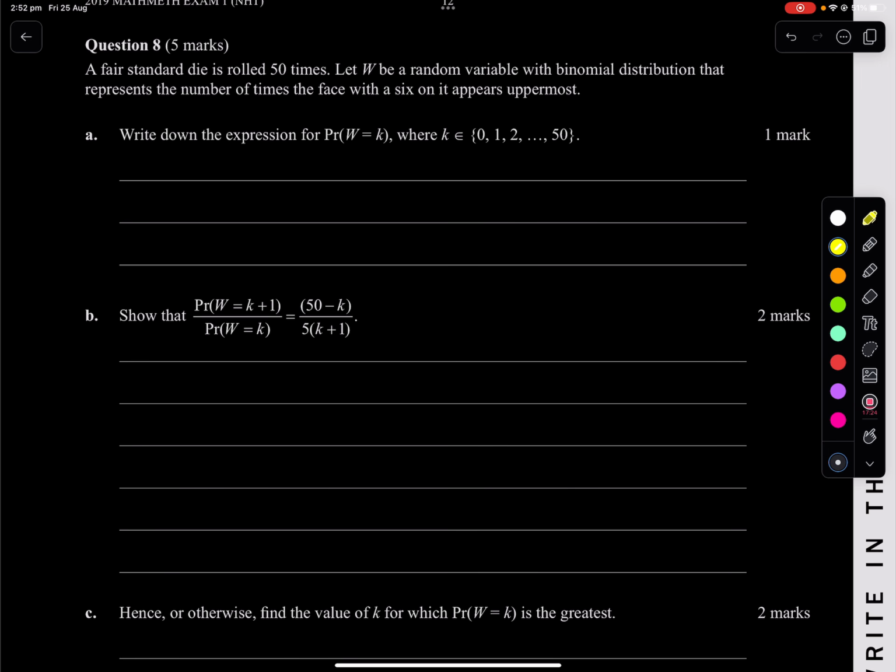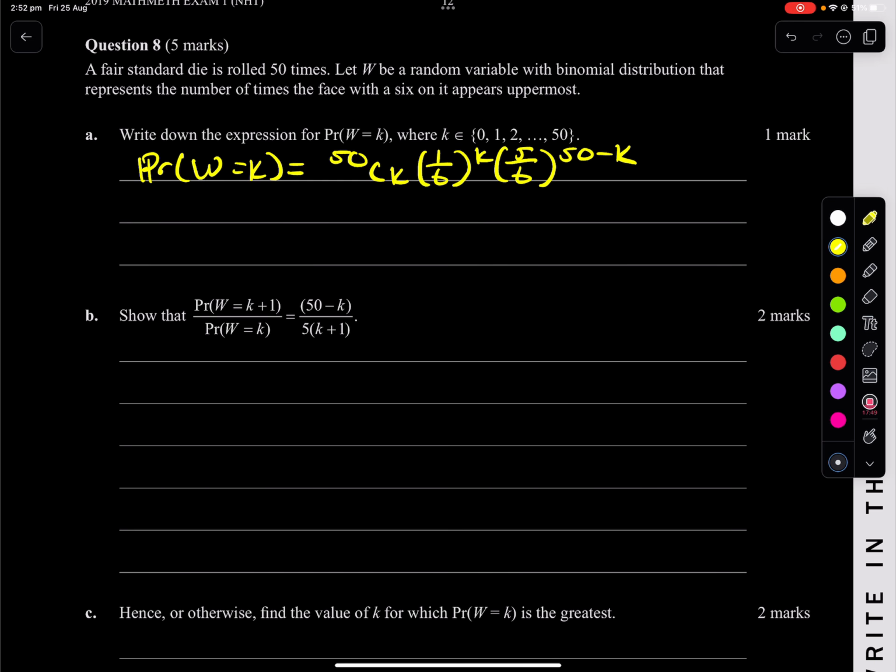So, we're saying we want to find the probability that W must equal k. Well, easy. We know that there is 50 choose k. Probability of success is 1 on 6 to the k. Probability of success 5 on 6 to the 50 minus k. Write down the expression.